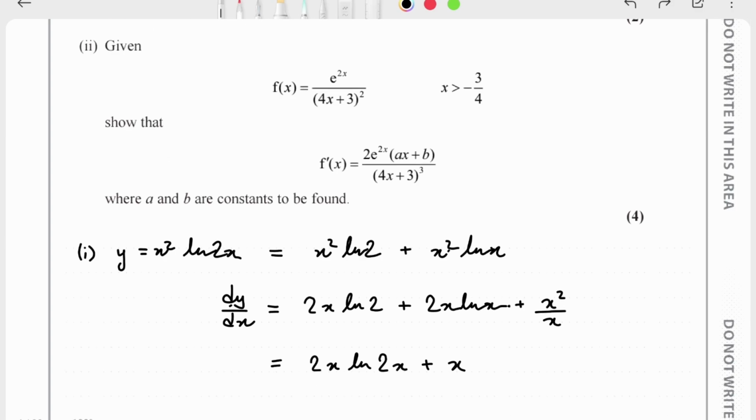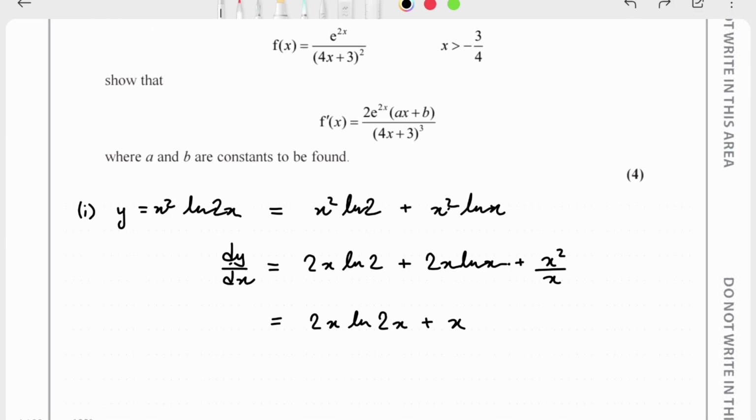For the second portion, it wants us to find f prime of x, another differentiation problem. So f of x is given as e to the power 2x divided by 4x plus 3 whole squared.